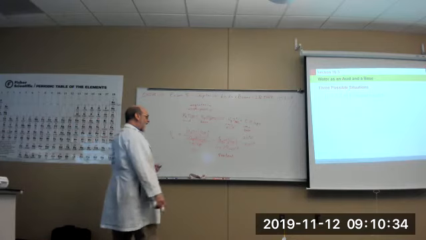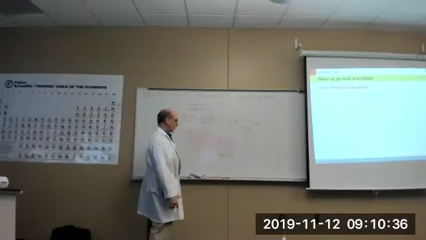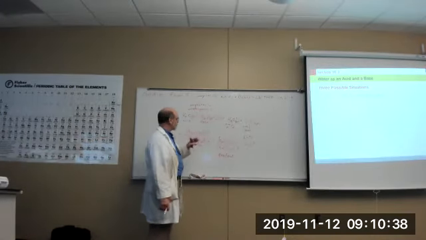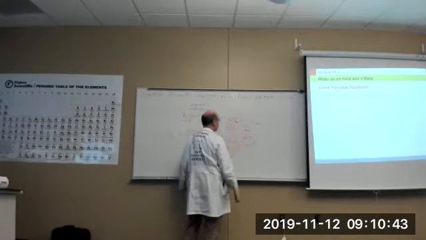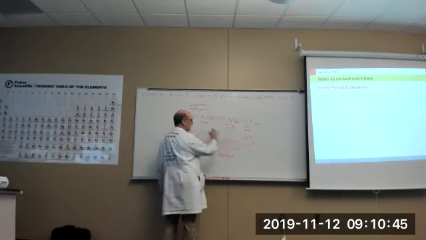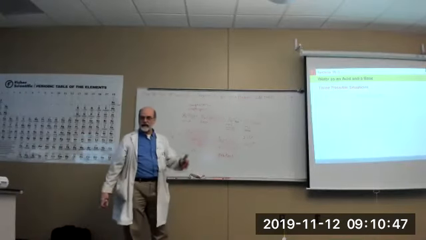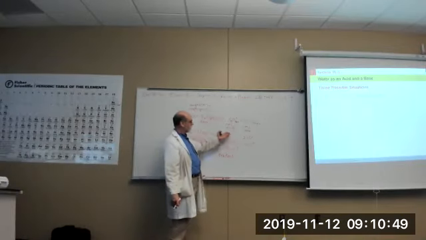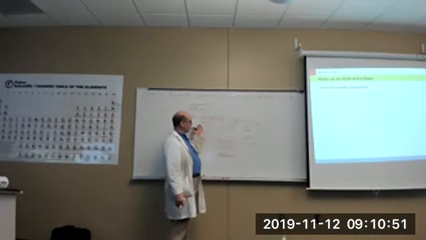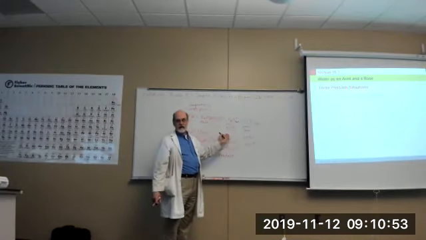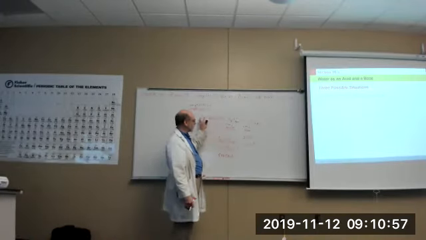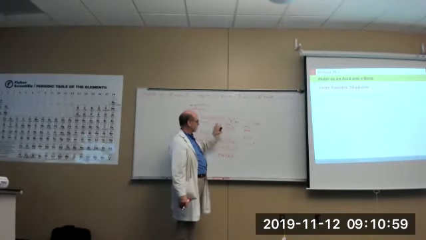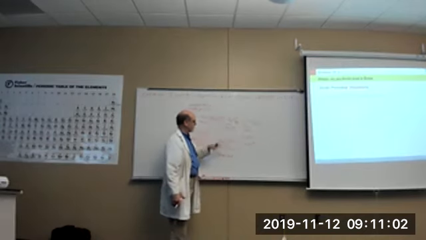But if we add some acid to that, we're going to bias this equation in favor of the acid, right? So if we add a little bit of acid to that, what's it going to do? Remember Le Chatelier? Add a little bit of acid, it's going to go back this way. But is it going to use all the acid up? Nope. There'll be some left until we reestablish equilibrium. So you will still have an acid in solution.